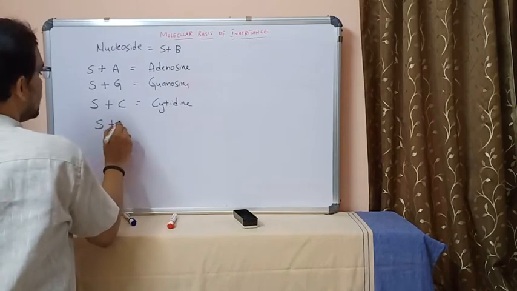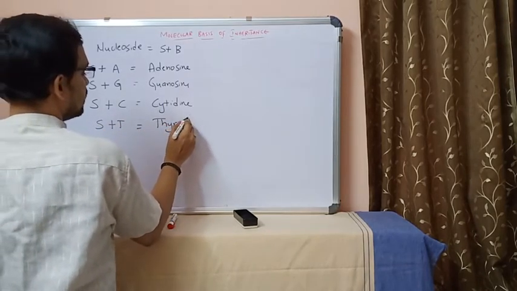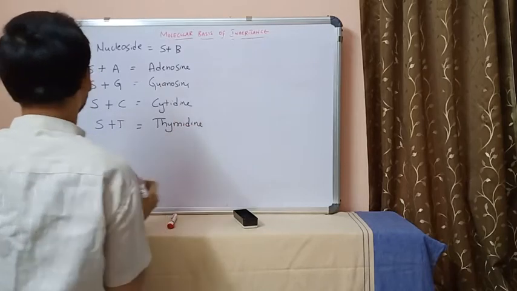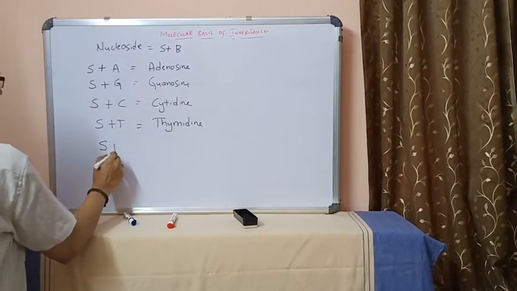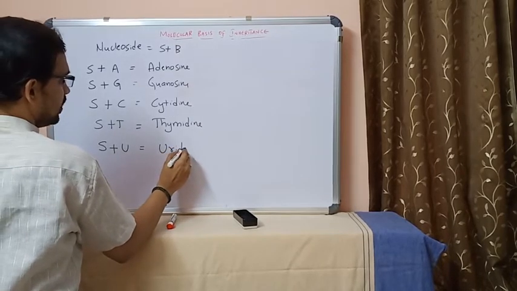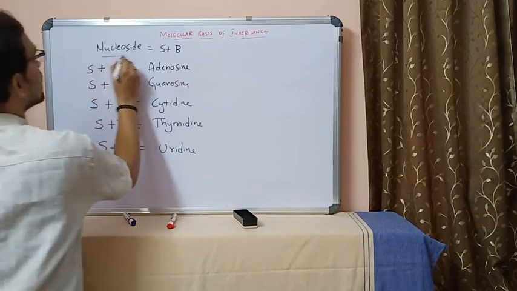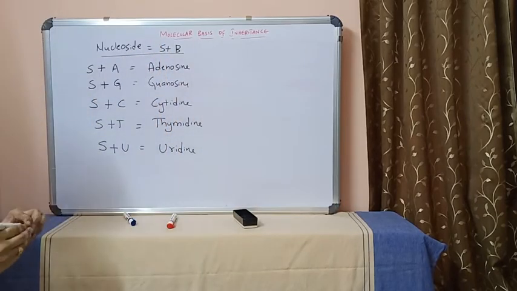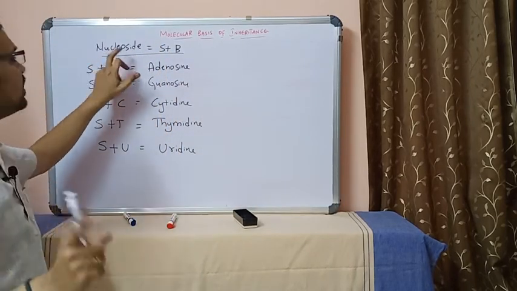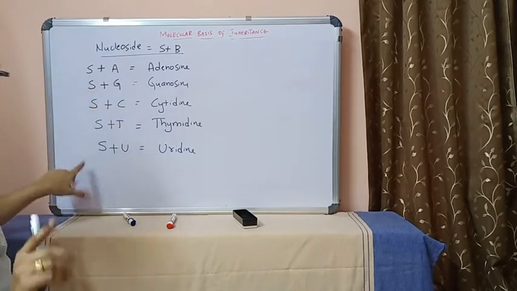If thymine is there in the sugar, thymidine. Next, sugar plus uracil, uridine. So these are the different types of nucleosides. Please remember, in case of nucleoside, no phosphate.